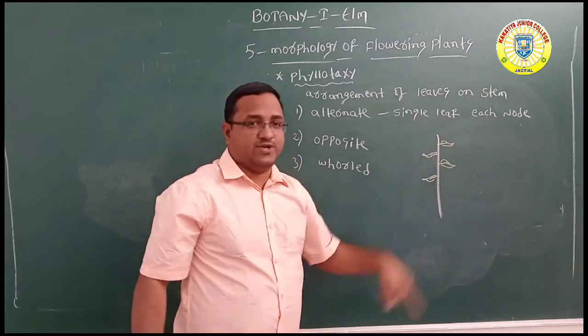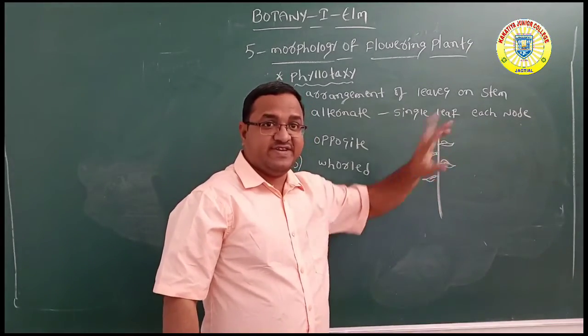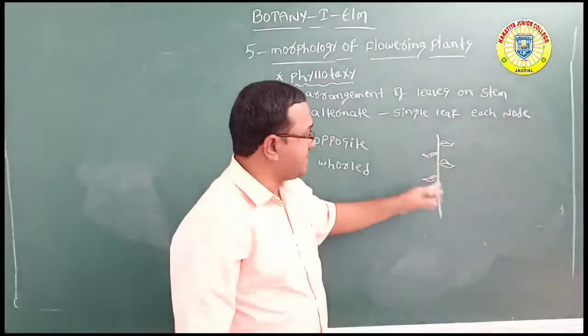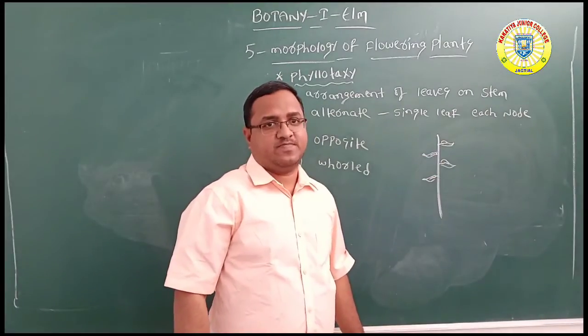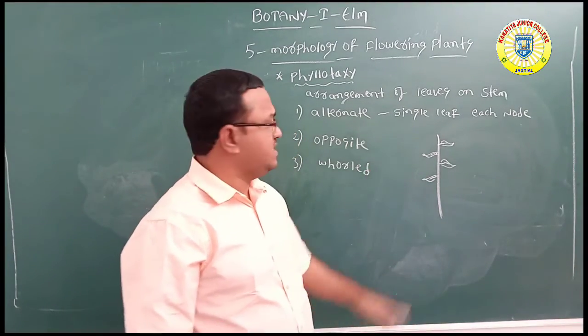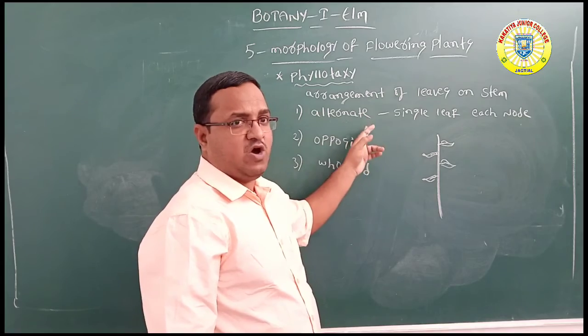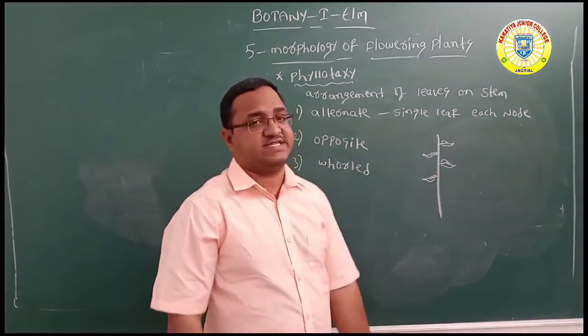So each leaf is present at each node, but alternately. That is alternate phyllotaxy. Phyllotaxy is mainly of three types: alternate, opposite, and whorled.